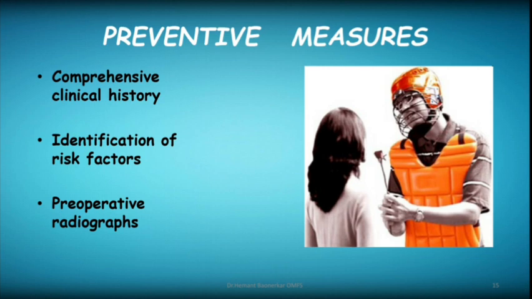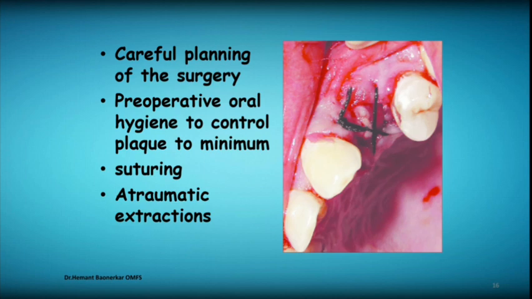We have to tell patients beforehand that, though it is a normal extraction, we are going to put sutures. Patients who are regular smokers also have a risk factor for alveolar osteitis. For such patients, post-operative instructions are very important.